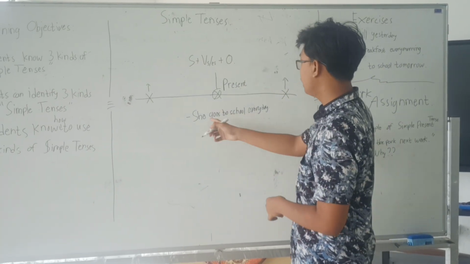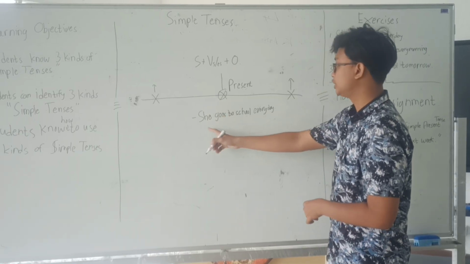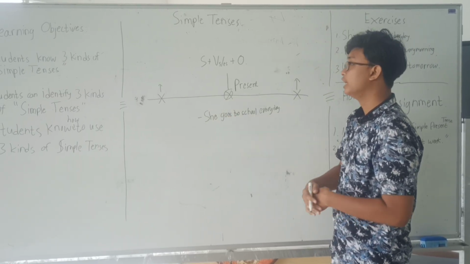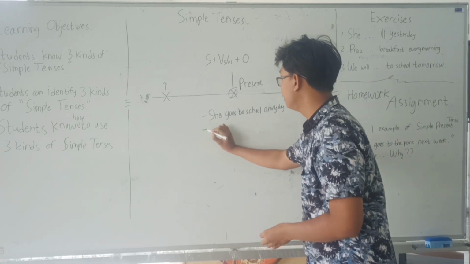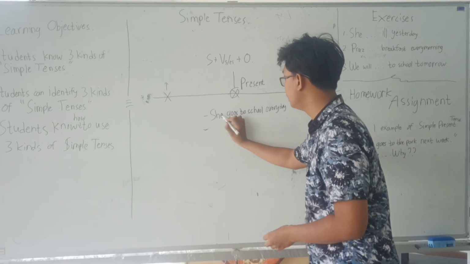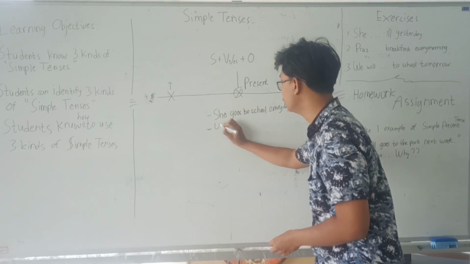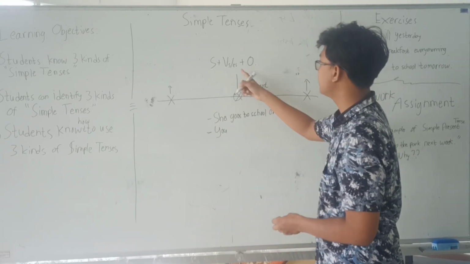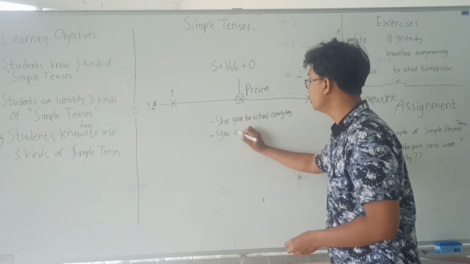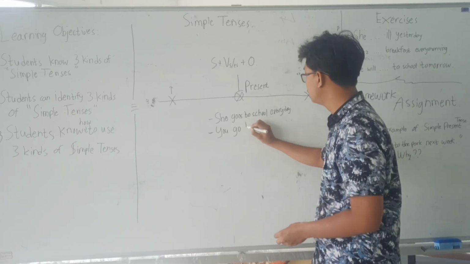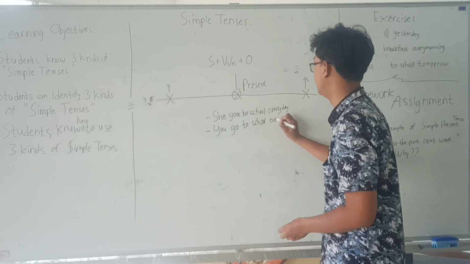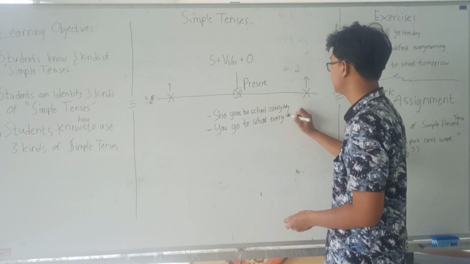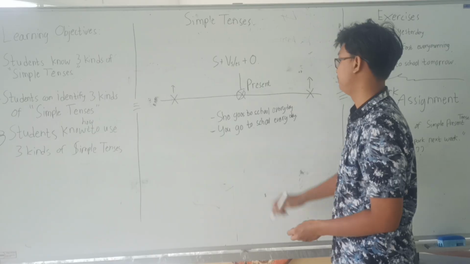But the s is only added if the subject is he, she, or it. If the subject is something other than these three, for example you, we don't need to add s to the verb. So: you go to school every day. Notice the difference, the subject and the verb.